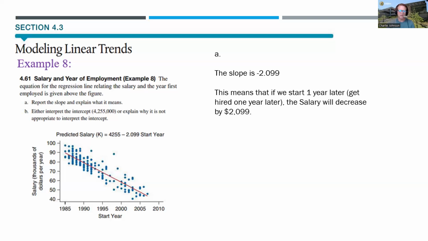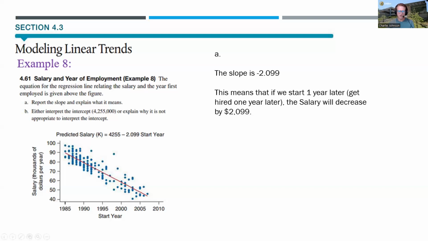And so that would correspond to the year 0, 1985, 84, 83, back to 1500s, 1400s, 1300s, 1200s. It doesn't make a whole lot of sense to go back to the 0 year and talk about the salary at the 0th year.